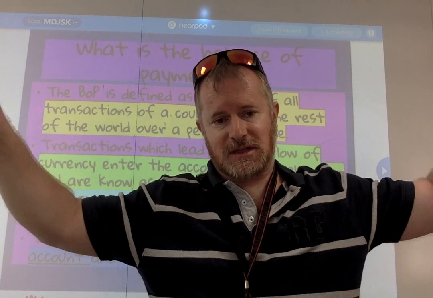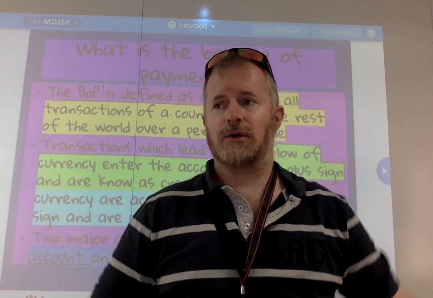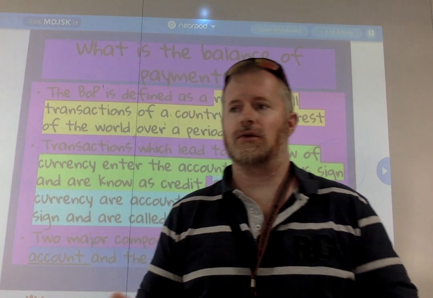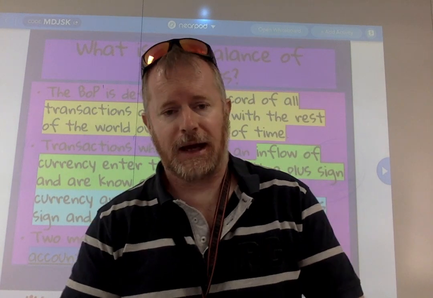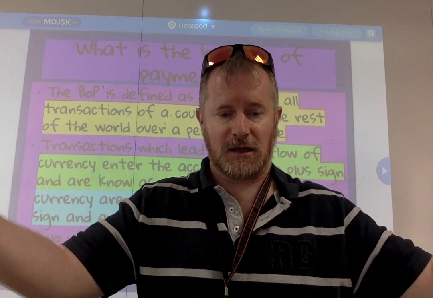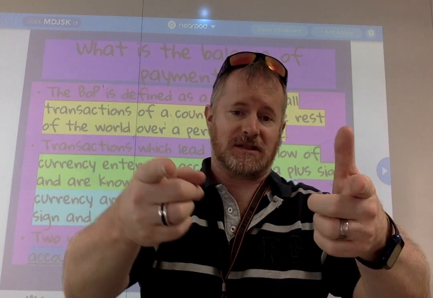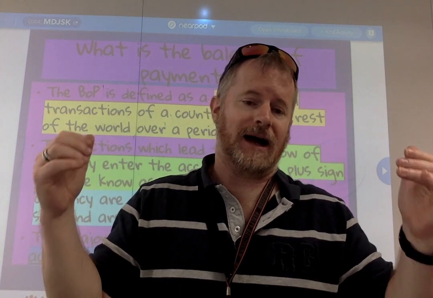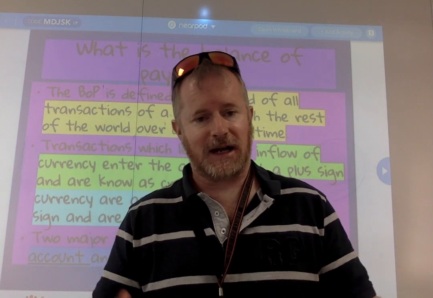So the idea is the scales have to balance. It's similar to a seesaw, and if you have equal weight on both ends, then it is in balance. And this is the one I was thinking of: it's that double entry bookkeeping that accountants use.